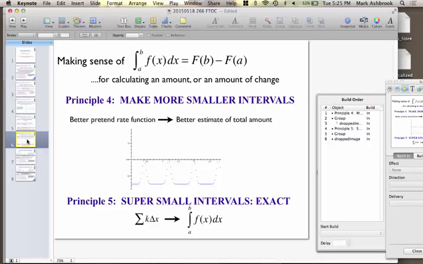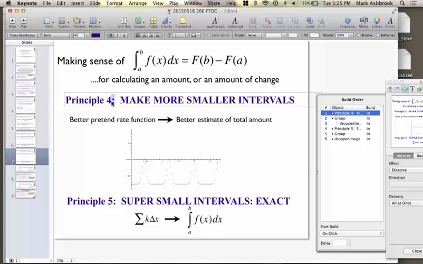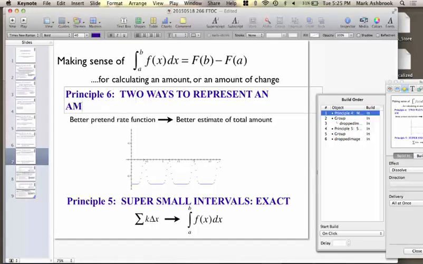Principle 6. What's principle 6? Two ways to represent an amount of change.